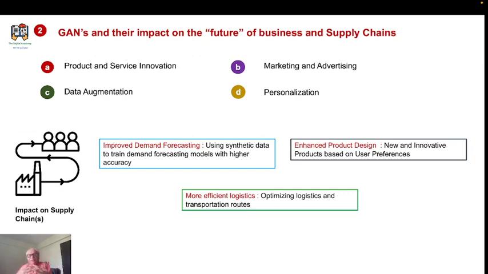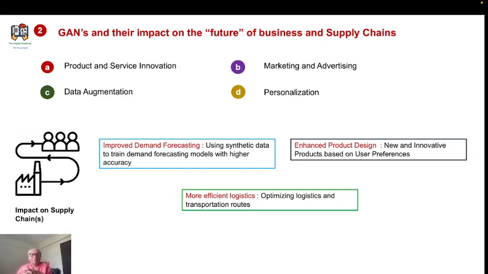Consequently, if you were to extrapolate this understanding, generative adversarial networks have a very big impact on demand model forecasting. Demand models are based on actual data, and you extrapolate actual data to do demand forecasting. But with the data augmentation feature of a GAN, you actually use synthetic data to train the demand forecasting model with a much higher level of accuracy.